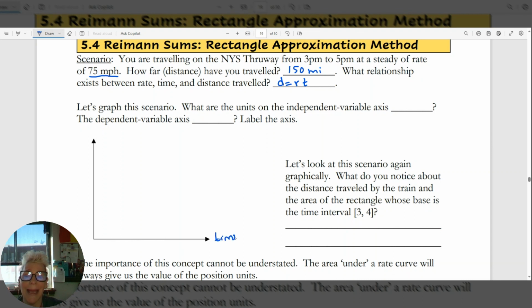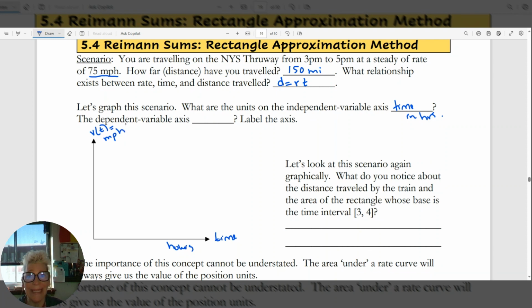So our time in hours on the horizontal axis. So time in hours. And then our dependent variable is how fast we're going. So that's going to be our velocity axis in miles per hour.